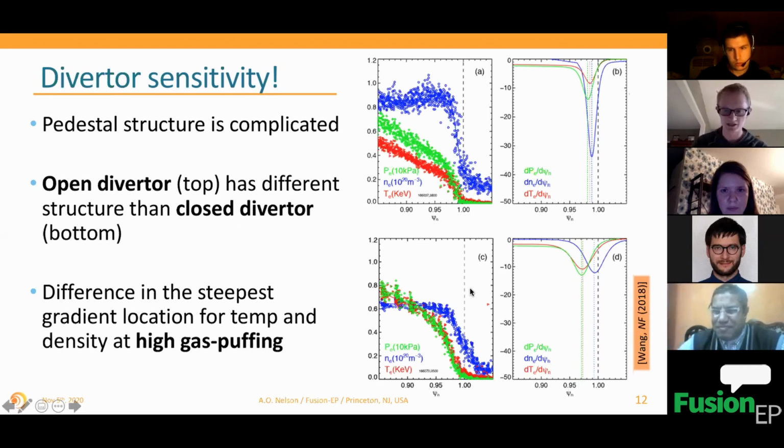And just by changing the shape of the divertor, not by changing the core plasma at all, you can see we have very different pedestal structures. While the pressure pedestals in both of these, the green lines, might be fairly similar, the density and the temperature pedestals, blue and red, are quite different between the open divertor case and the closed divertor case. So there are lots of sensitivities on the pedestal, and it's a complicated region that we have to understand.